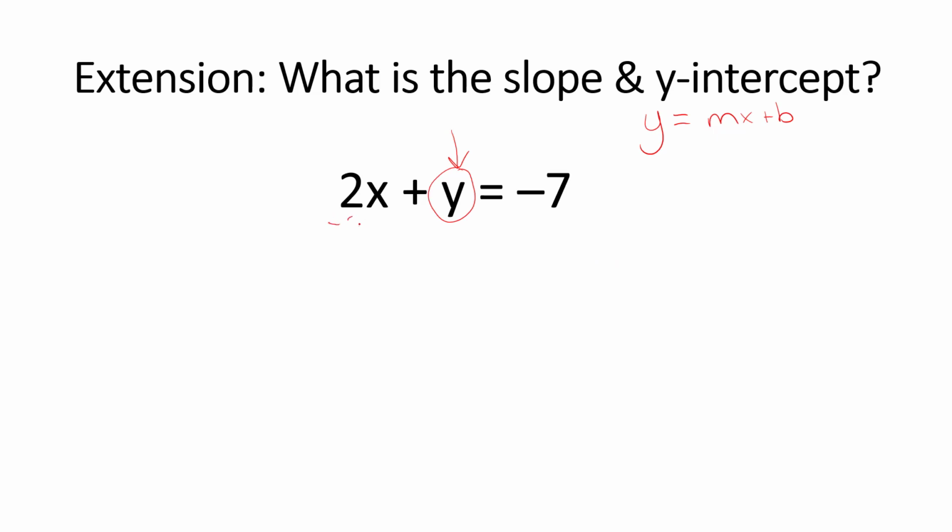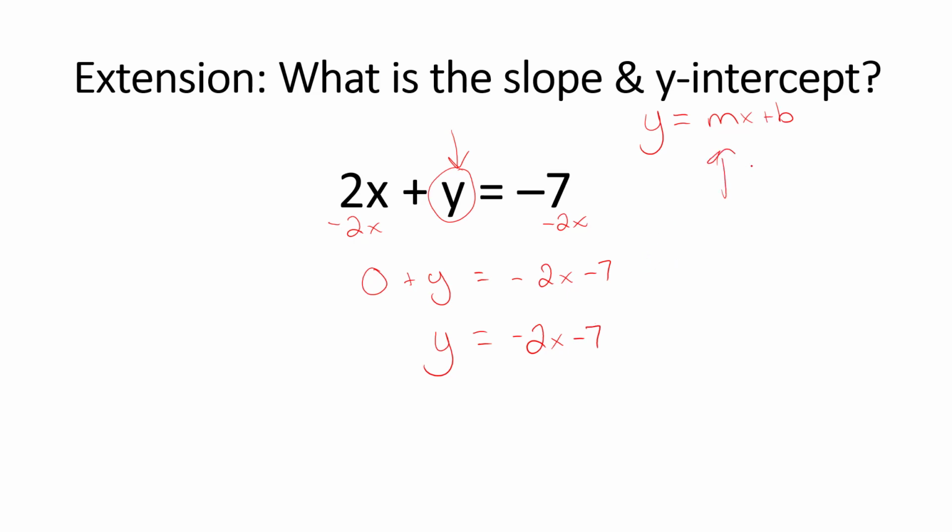And I'm going to accomplish that by moving 2x to the opposite side of the equation. So we subtract 2x from both sides. 2x minus 2x is 0. And 0 plus y, well, that's simply y. So y equals negative 2x minus 7.